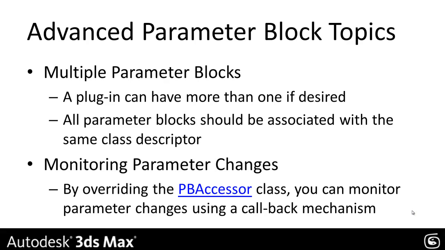Then, for monitoring parameter changes, there's the PBAccessor class that you can override, and you can monitor parameter changes using a callback mechanism. This is slightly different from using the reference system, as it's specific to parameter blocks.